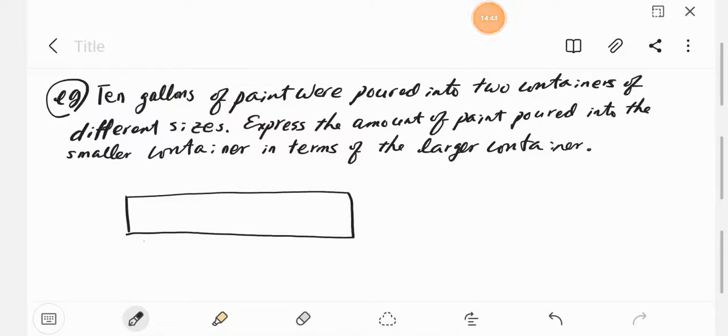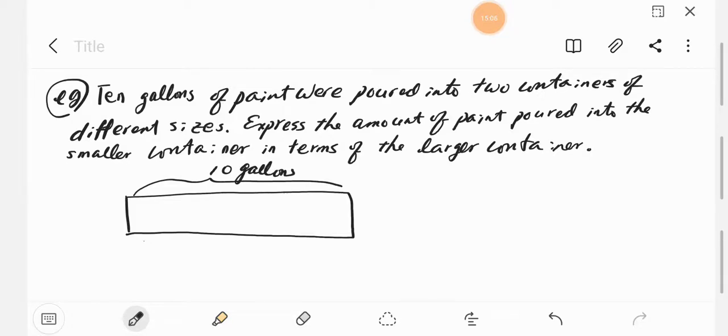Okay, now 10 gallons of paint were poured into two different containers with different sizes. Express the amount of paint poured into the smaller container. So let's say this is a container that contains 10 gallons of paint.